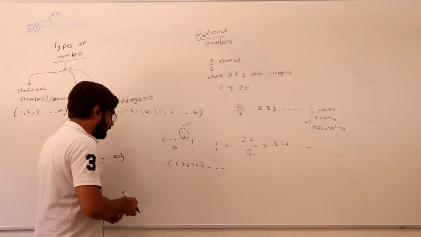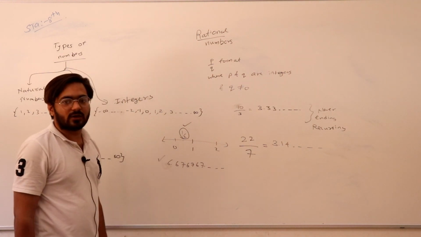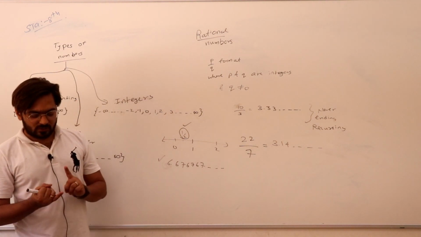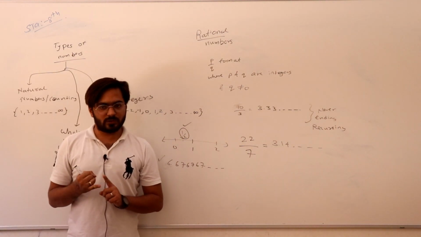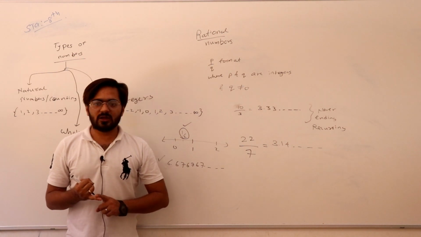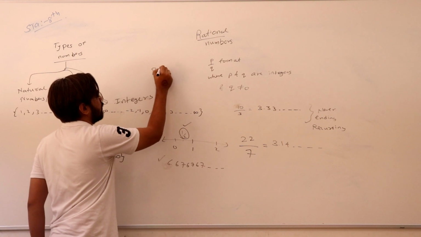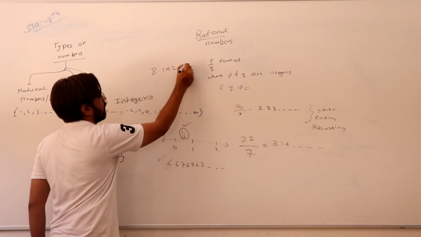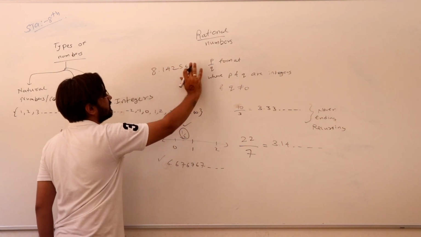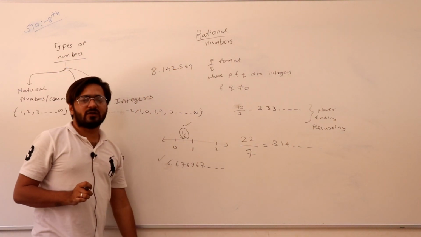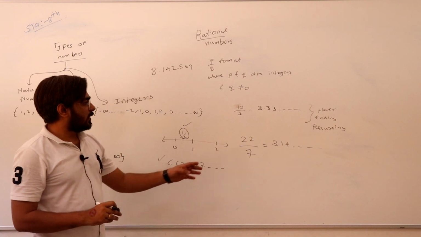So this is still a rational number, although it is never ending. If it is a never ending number, it has to be recurring, otherwise any decimal number, no matter how many digits are there after the decimal, can be accounted as a rational number.